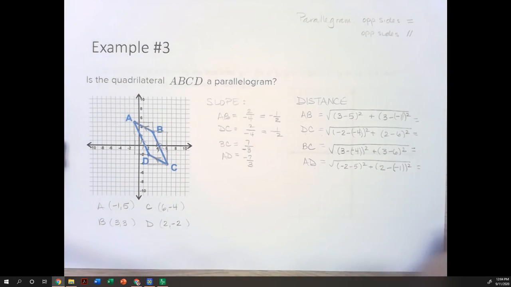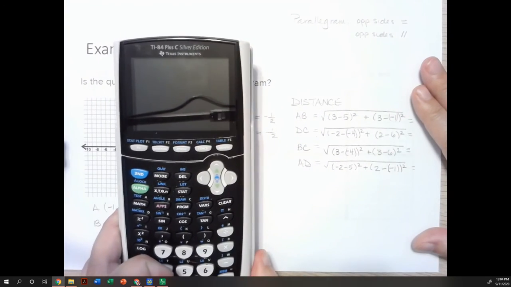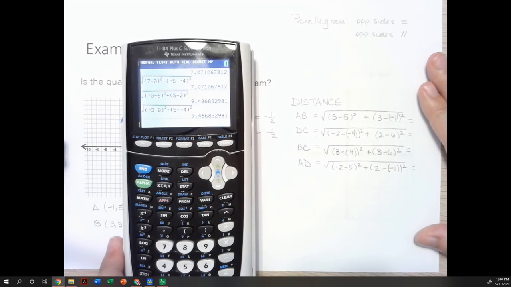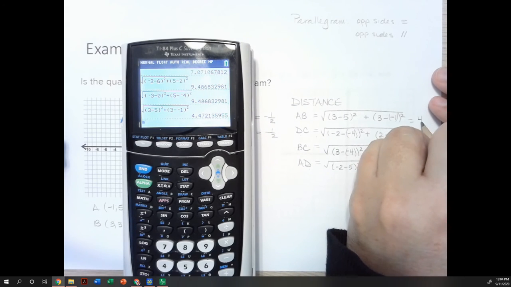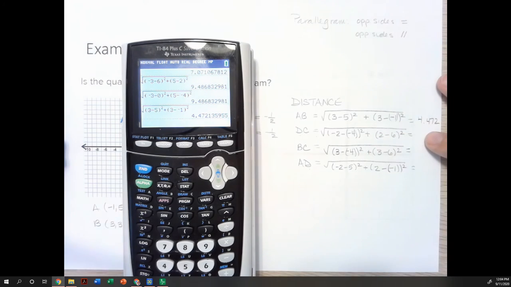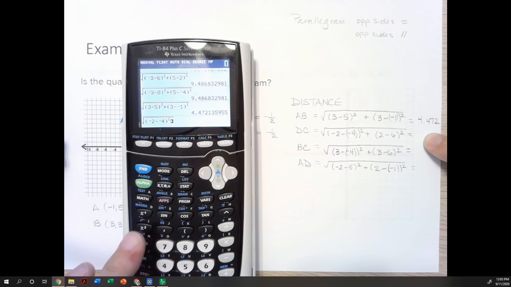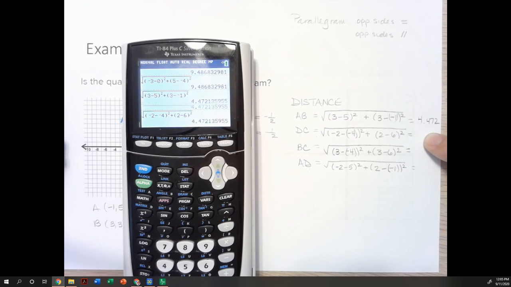All right, so now let's bring up my calculator. The square root of 3 minus 5 squared plus 3 minus -1 squared. So I get 4.472. Now I'm going to do -2 minus -4 squared plus 2 minus 6 squared.